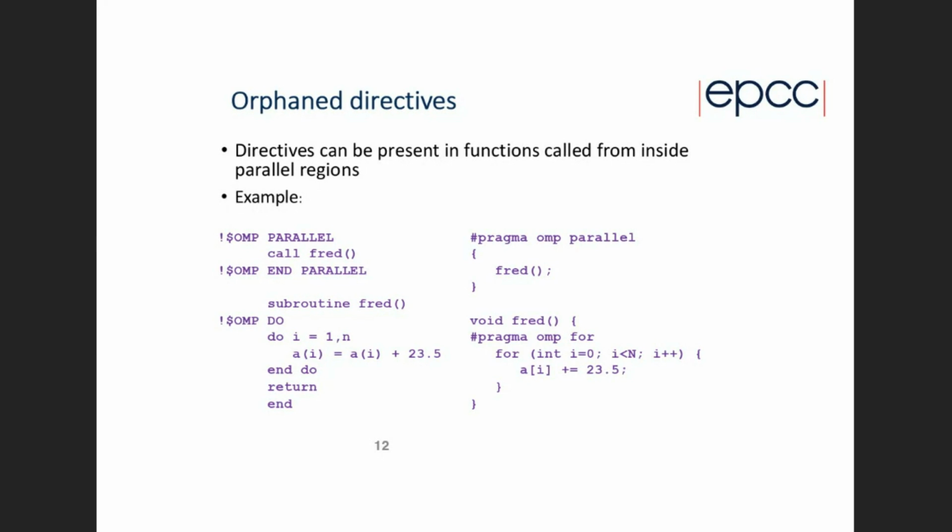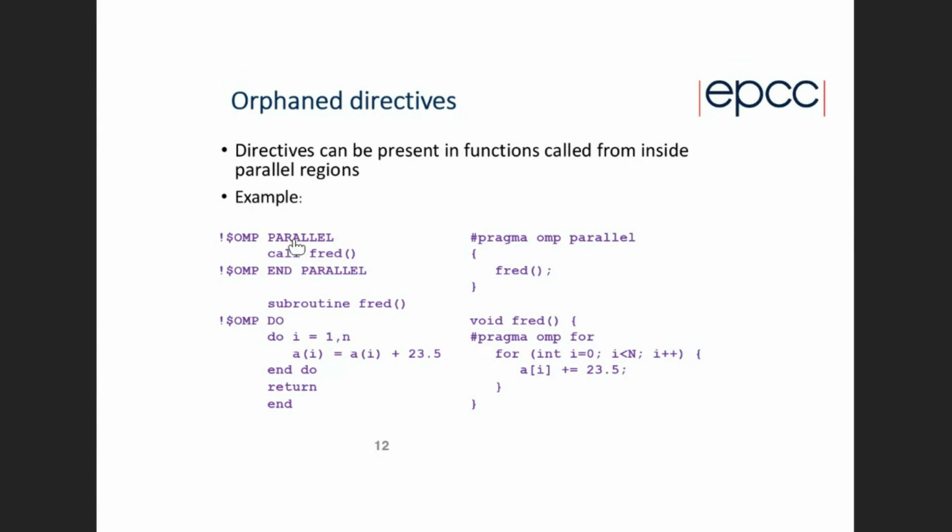All right, let's talk about orphan directives then. So the concept here is quite straightforward. It's just that directives can be present in functions called from inside parallel regions.